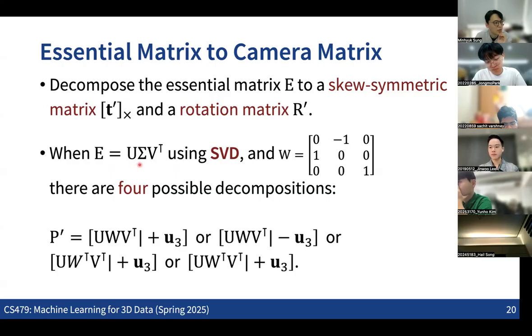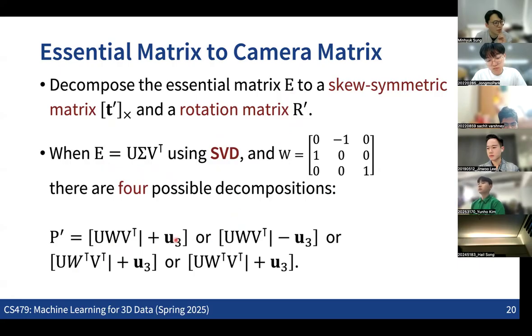When you have U sigma V transpose like this, the rotation can be defined either as UW transpose V transpose, or UW V transpose, where W is basically this. So there are only two options for getting the rotation from the given essential matrix.